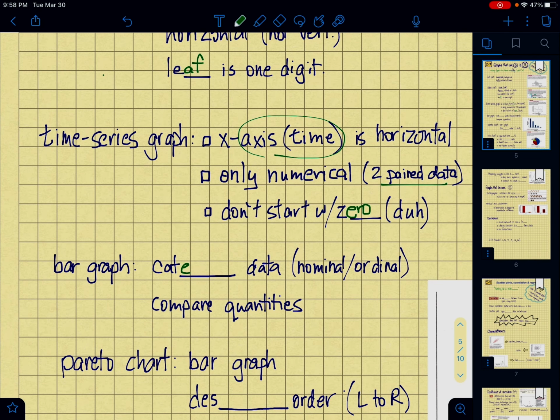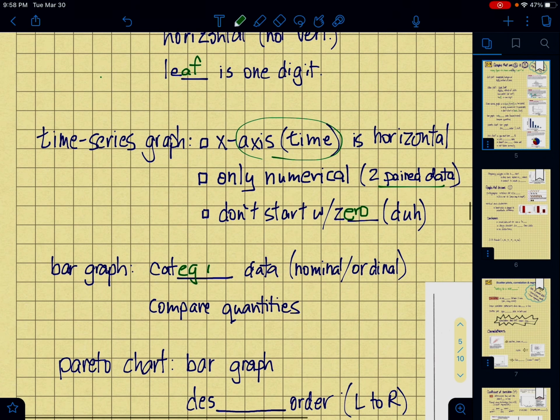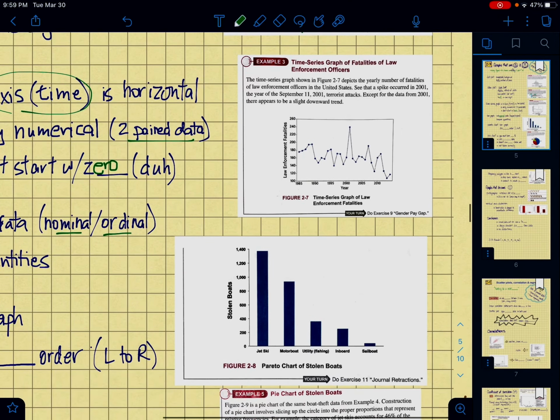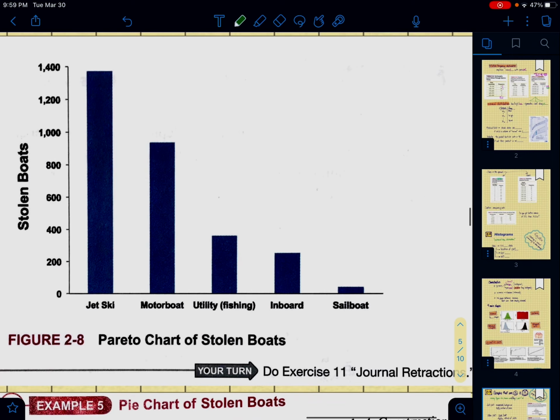Bar graph. Bar graphs always use categorical data. And they're simplistic, but they compare quantities very well. Yeah? Nominal or ordinal data could be used. So here we have nominal data, meaning these are names, right? There's no order to these.